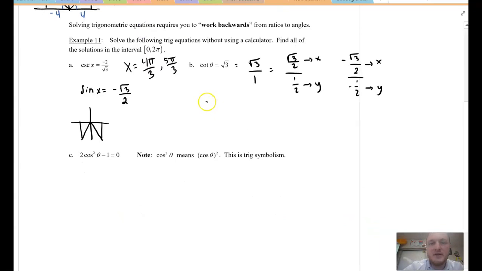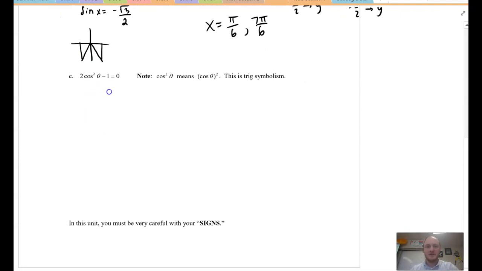So that is x equals pi over 6 and 7 pi over 6. Again, if you're struggling with how I find these values, I'm using the chart, and it's good to have the unit circle memorized, and also the hand trick. I think that's really good.